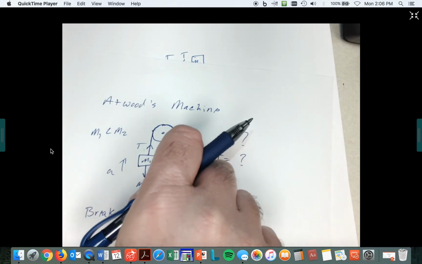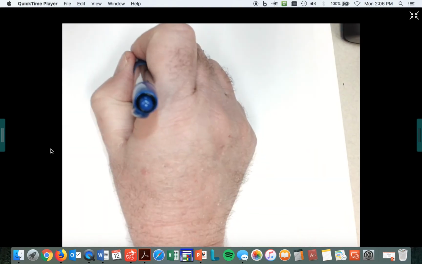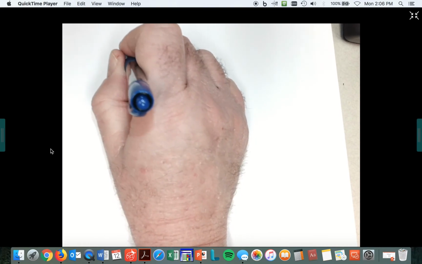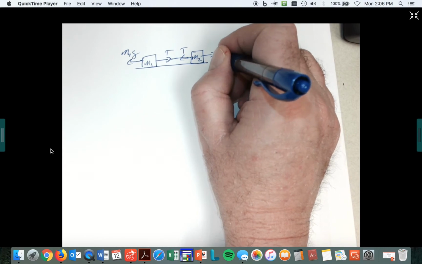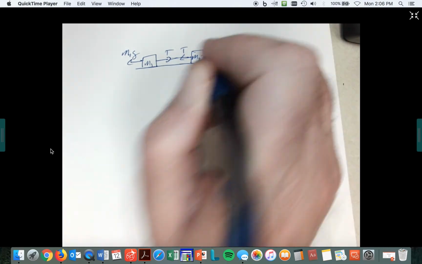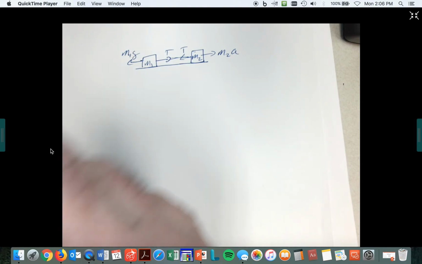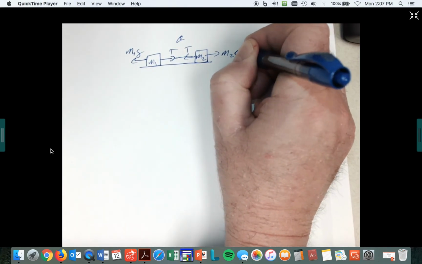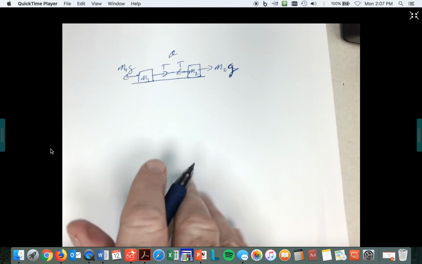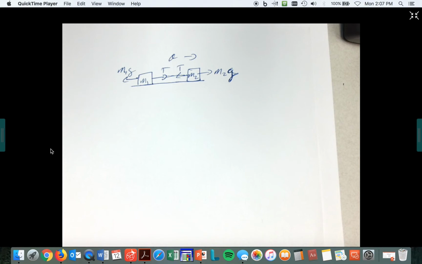I've just taken this piece and flipped it up here. This has M1g going like this, and this is M2g, which is what's pulling that. Remember, the masses are known; they'd be given to me. So this whole thing is accelerating with a going that direction.